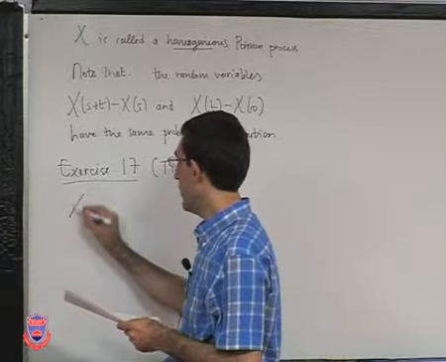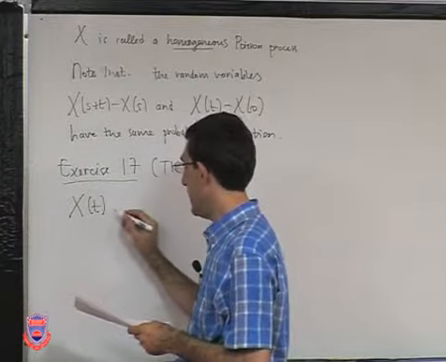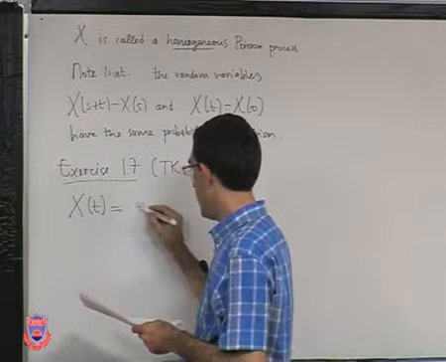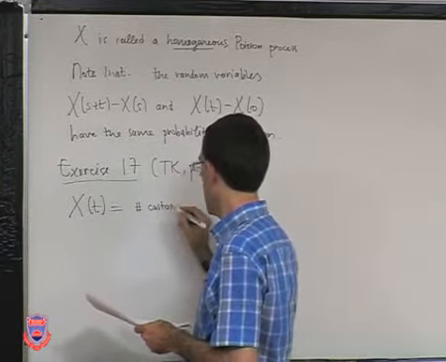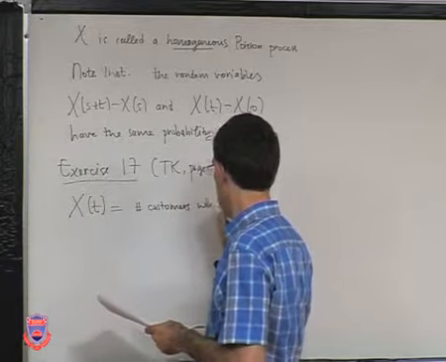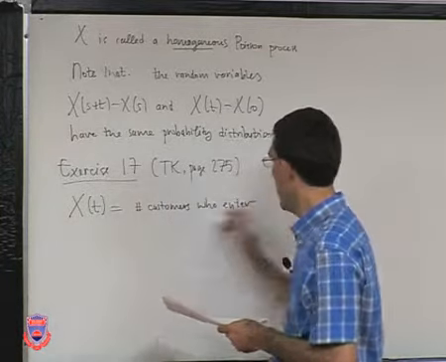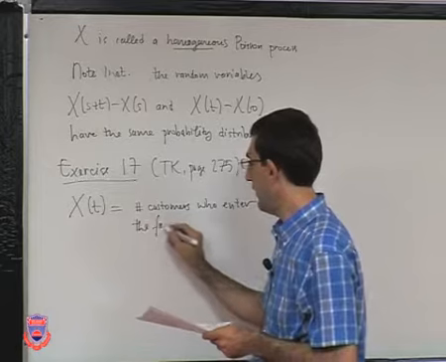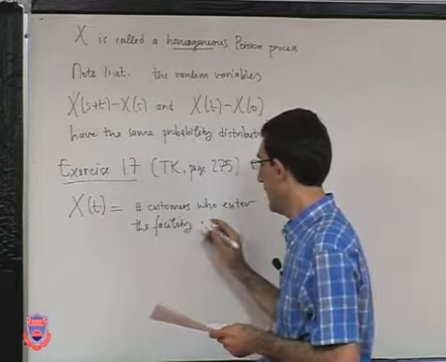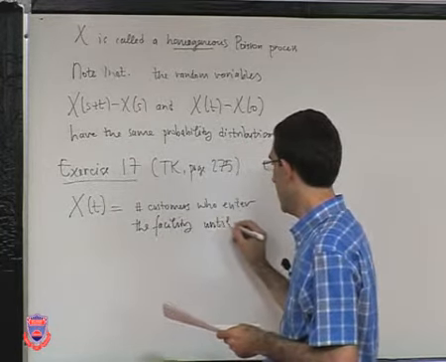So X(t) is the number of customers who enter the facility until time t.